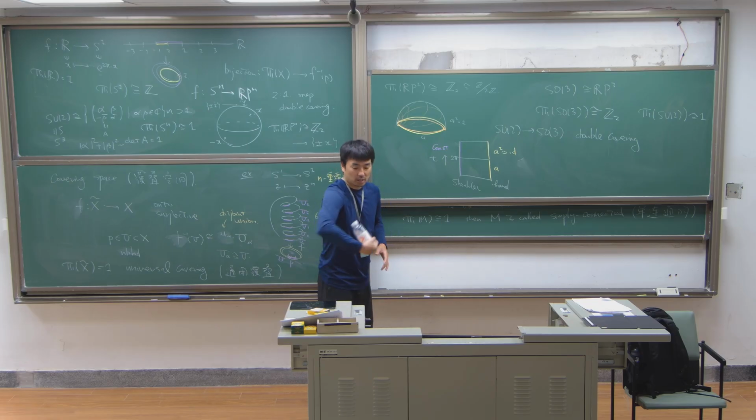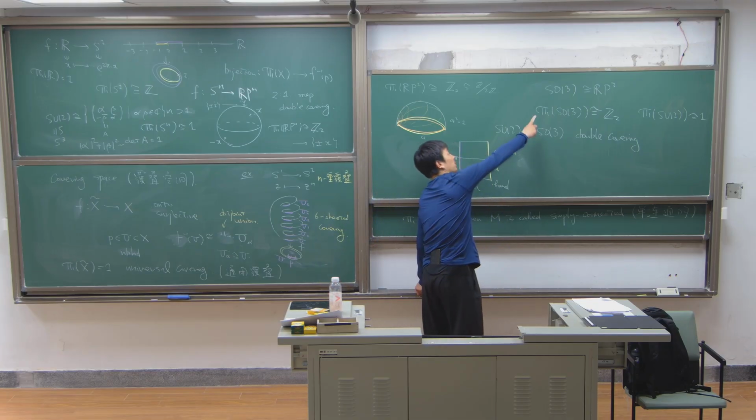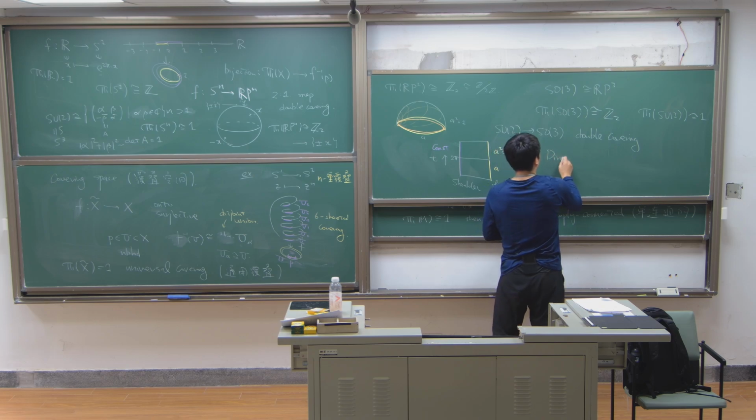This explanation of the double covering from SU2 to SO3 is given by Dirac.